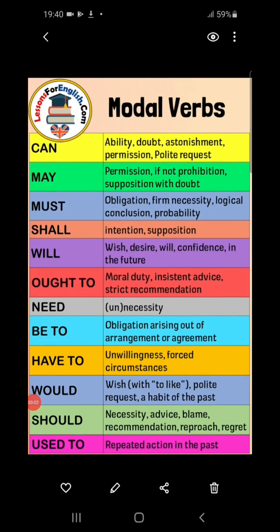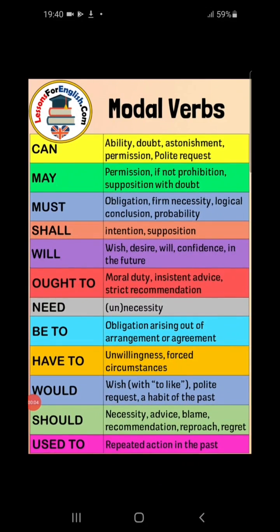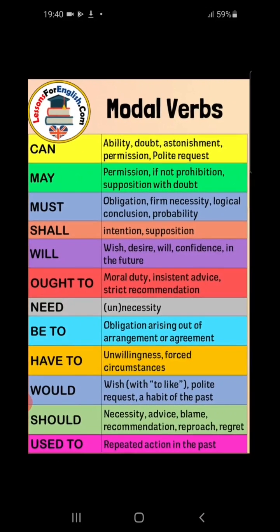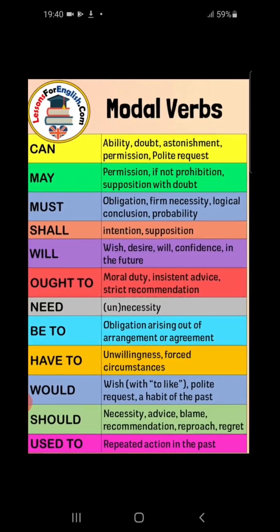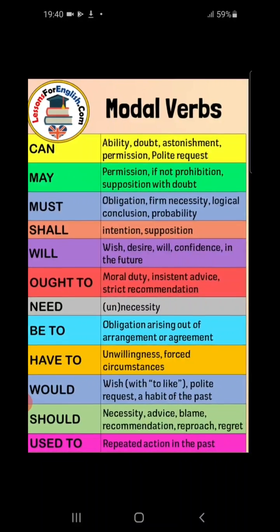So, students, all of you take permission in your life for doing this or that. So you know the meaning of permission very well.